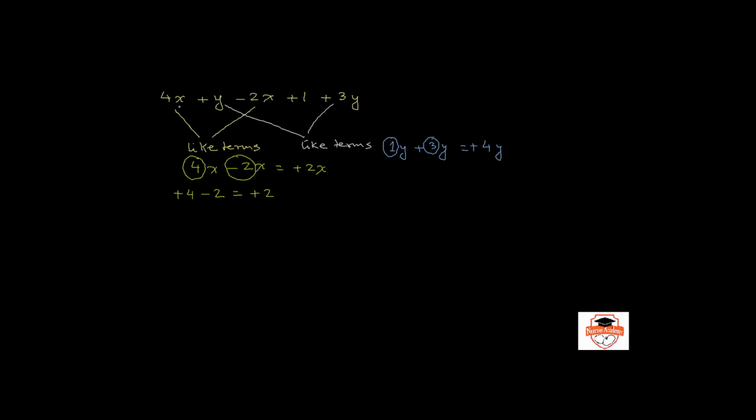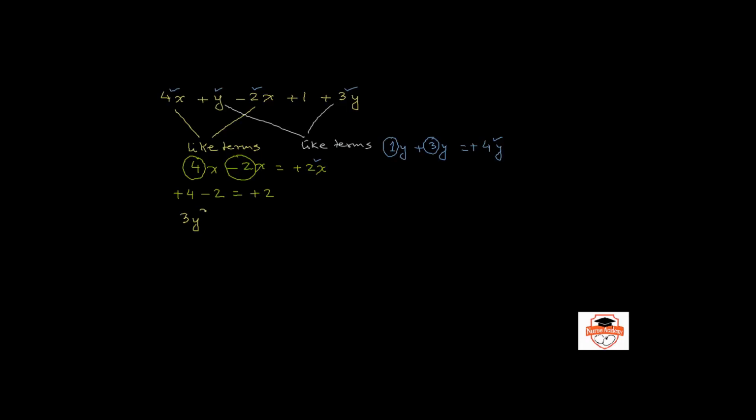Combining like terms is like combining fruits of the same type. So if you have 4 apples and you take away 2 apples, that is a minus 2, you end up with 2 apples. Similarly, if you have 1 pear and add another 3 pears, you have 4 pears in the end.